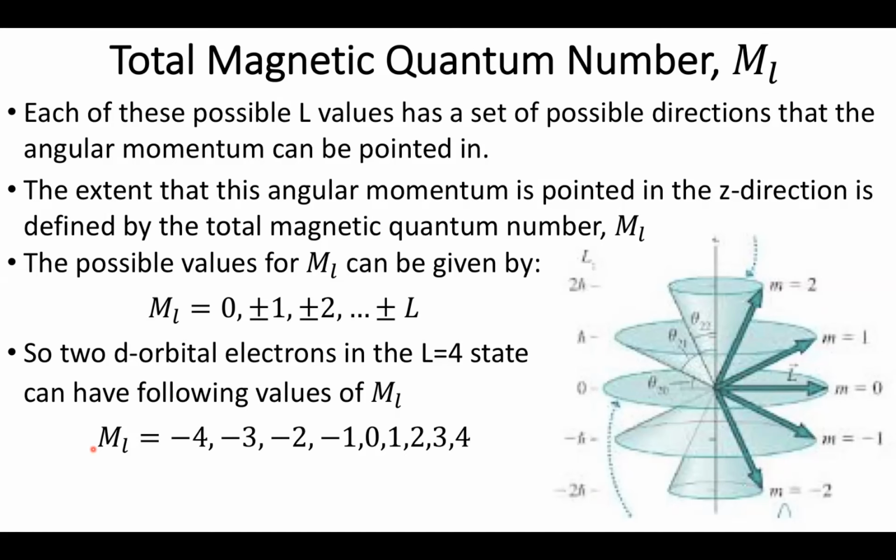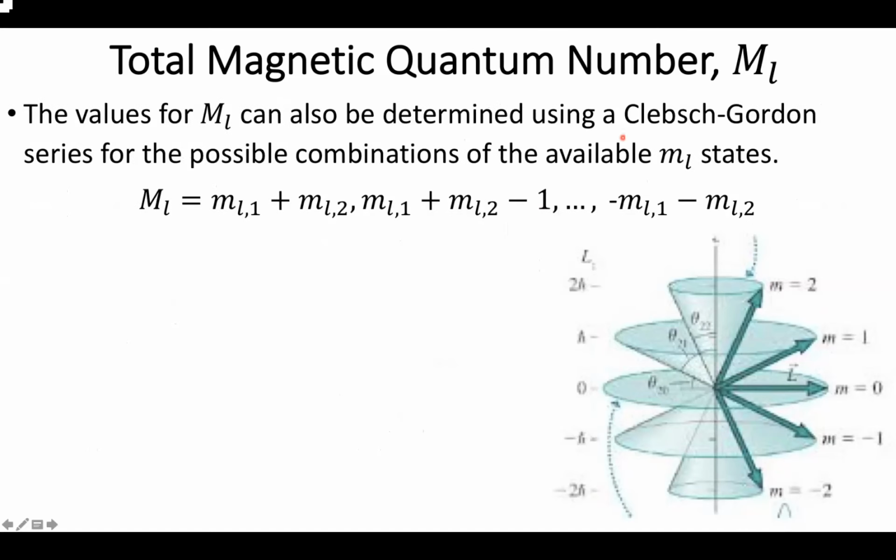So this can be fairly useful, but let's be honest, it can be a little bit arbitrary. So one of the ways I like looking at this is in a more electron structure configuration. A good way of doing this is by taking our total magnetic quantum numbers and determining them using a Clebsch-Gordan series for the possible combinations of our individual magnetic quantum numbers.